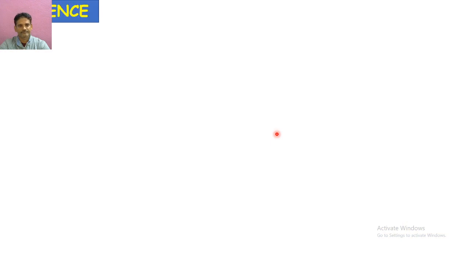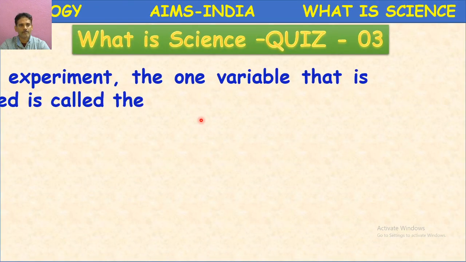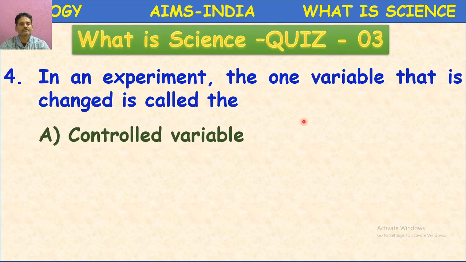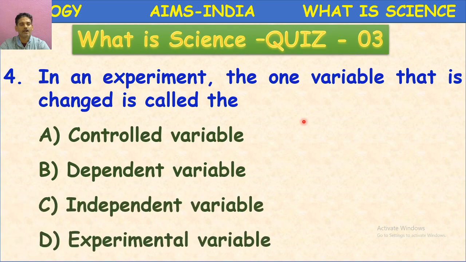Next. In an experiment, the one variable that is changed is called controlled variable, dependent variable, independent variable, or experimental variable.